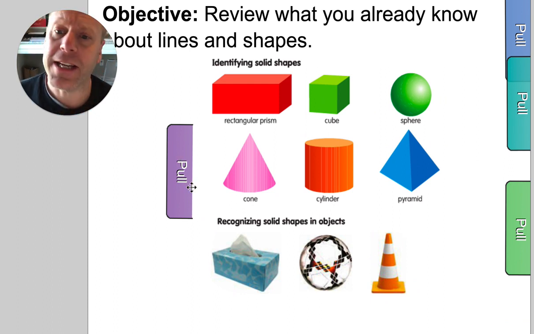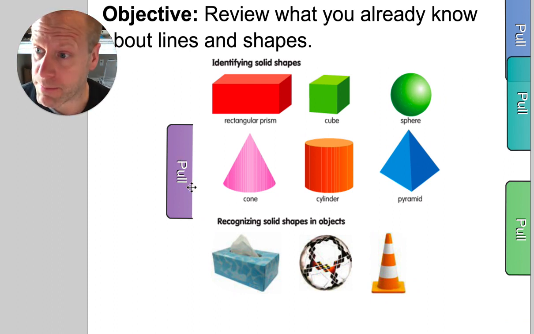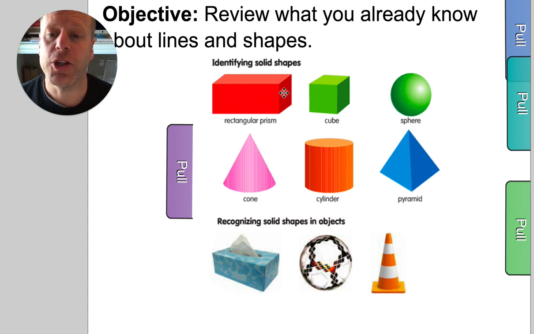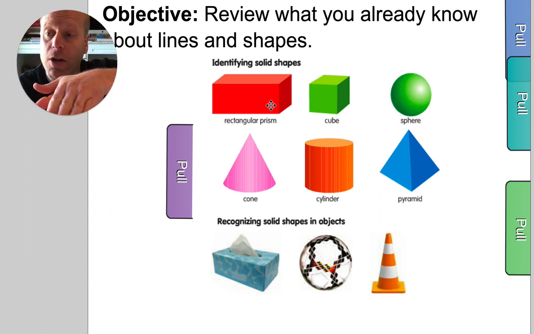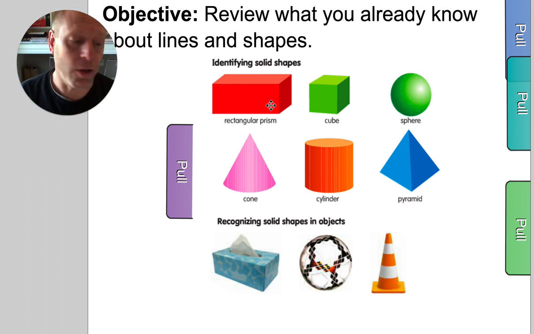So in addition to flat shapes, over the next few weeks here, we're going to be talking about some solid shapes. Solid shapes have an added dimension. They're not just length and width, because they're also deep. And you can see that when you look at this rectangular prism.